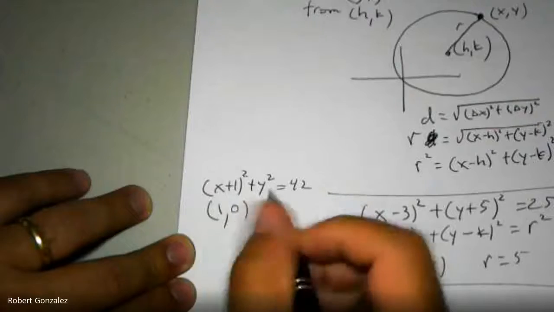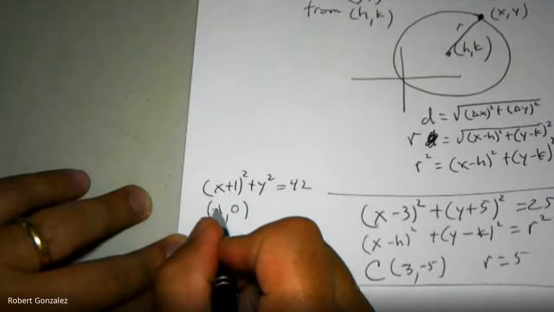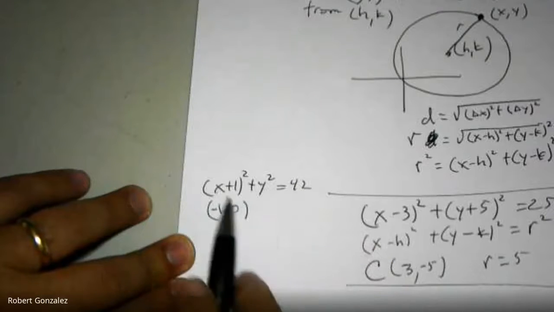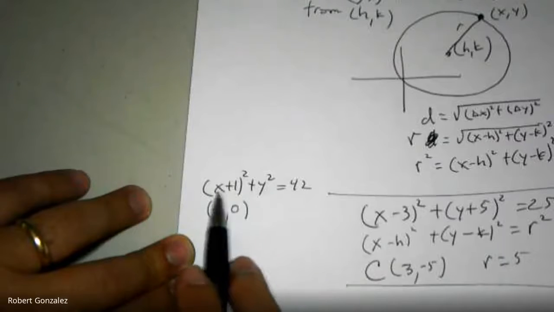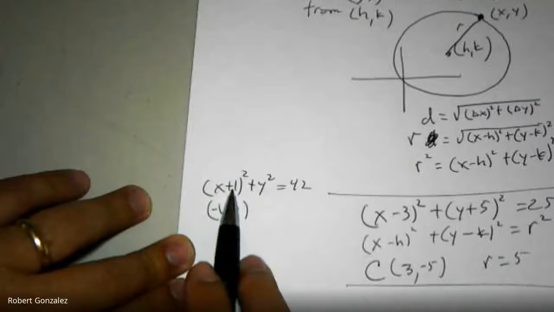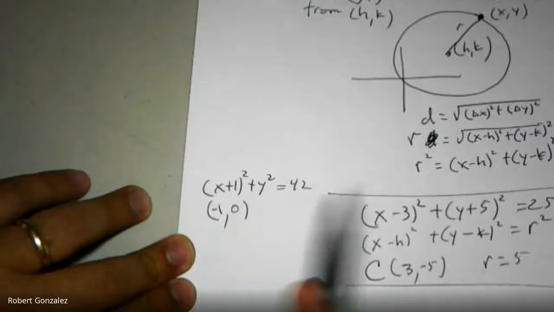The center is H is 1 and K is 0. Very close. When you have a plus 1 here, we have to change that to a minus, negative 1. So it's going to be negative 1, comma 0. You can think what makes this 0 and what makes this 0. The number I can substitute here to make this 0 is negative 1. The number to substitute here would be 0.